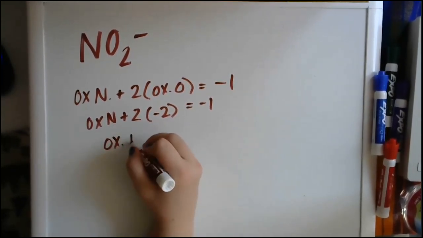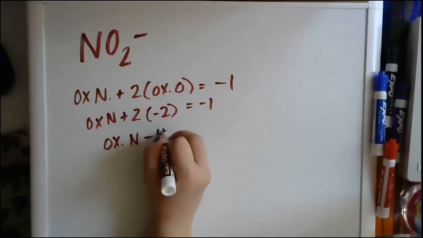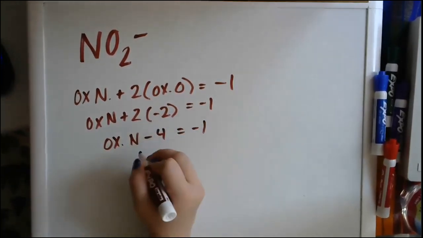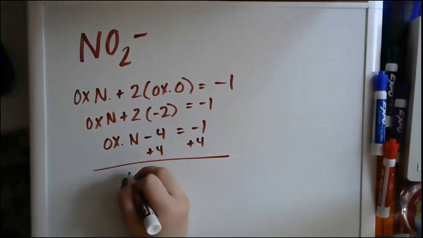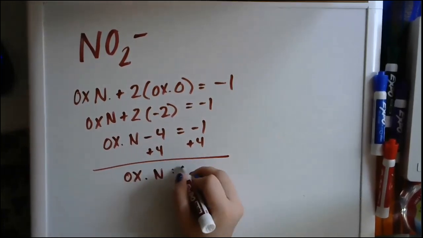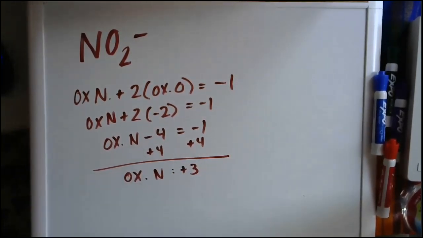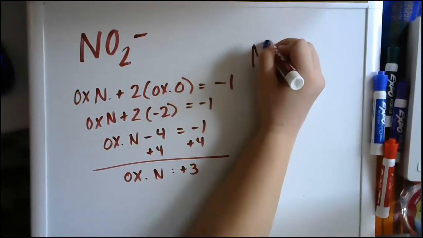I think it makes sense. 2 times -2 is -4. So the oxidation state of nitrogen in this case is +3. Okay, so that is how we find the oxidation states of atoms that are in polyatomic ions.